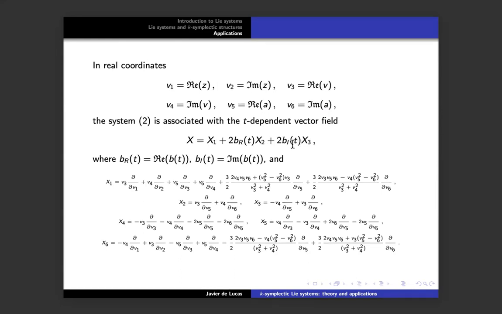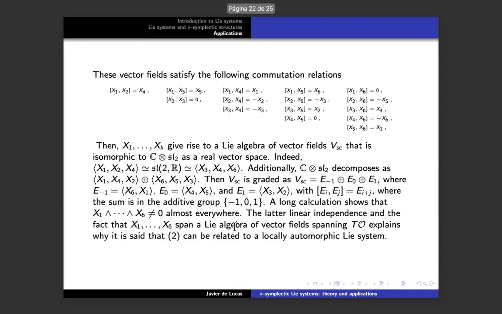And now, instead of having three vector fields closing an SL(2,R) Lie algebra, you obtain a family of six vector fields closing a Lie algebra whose structure is isomorphic to the complexification of SL(2).